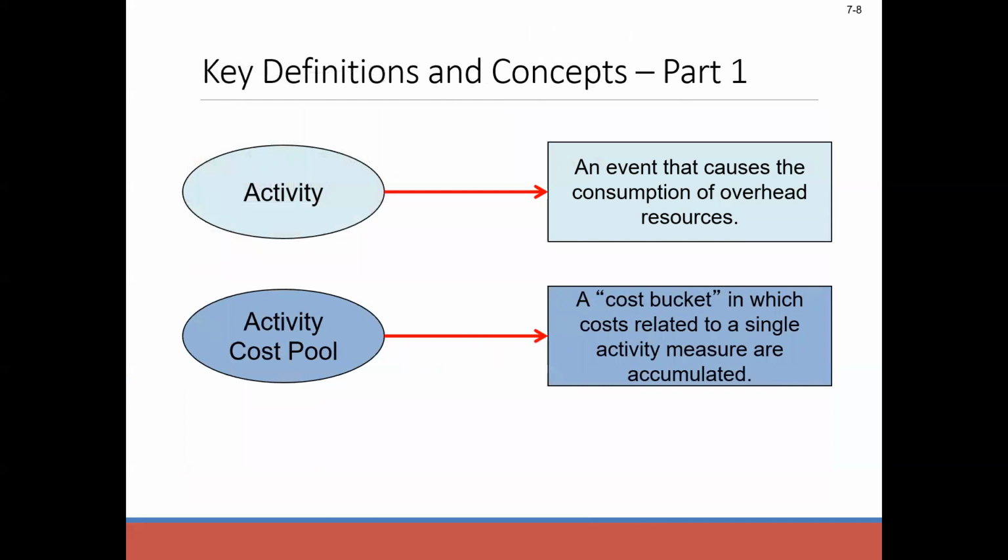So here, we can have an activity, which is some event that causes use of resources. And then we can have an activity cost pool, where it's like a bucket that these costs related to a single activity measure get accumulated, put into.